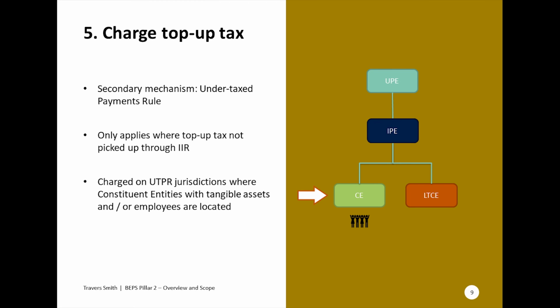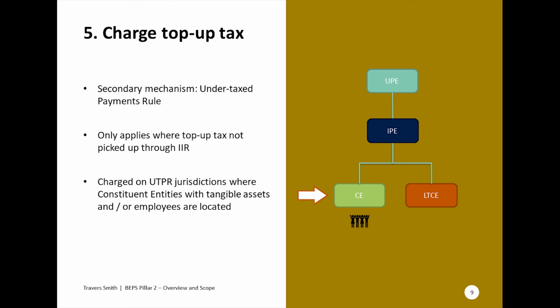The secondary charging mechanism is the undertaxed payments rule, and this only applies where top-up tax was not picked up through the income inclusion rule. Under the model rules, this would be the case if there was no parent entity in an income inclusion rule jurisdiction.